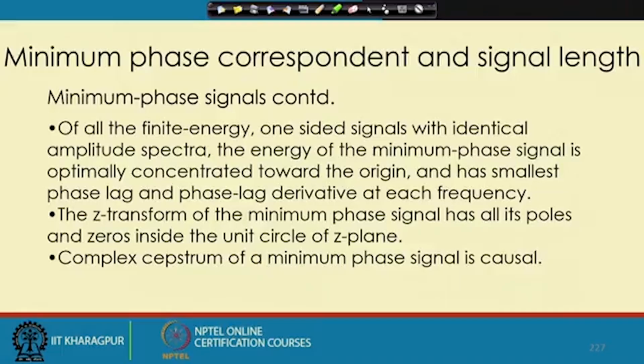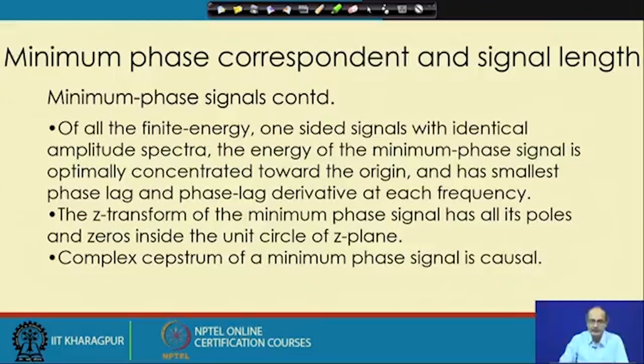If all the poles and zeros are outside, it is called maximum phase. And if it is in between, it is called a mixed phase signal. All of them have the same amplitude spectra, and for the minimum phase signal, the energy is concentrated towards the origin or starting point, that is 0.